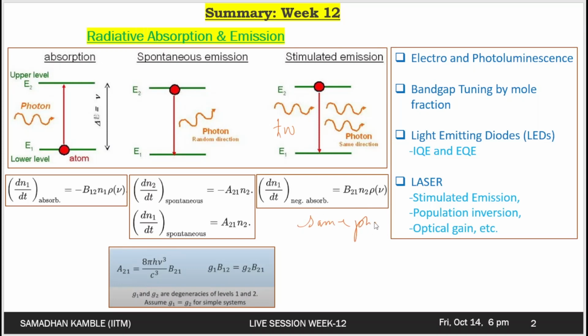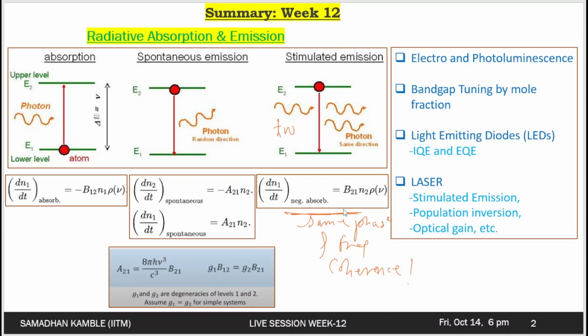So this is a coherent photon that is emitted. That is why we call it a stimulated emission process, because essentially the photon that we are incident with is stimulating the emission of another photon. This particular mechanism can also be written in terms of a rate equation that can be seen in this particular equation.